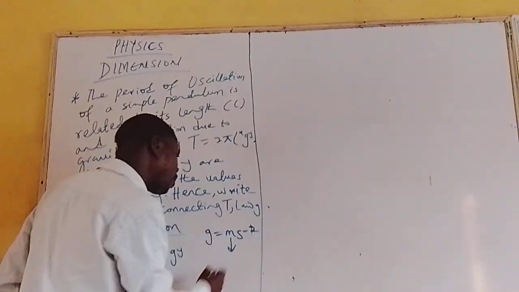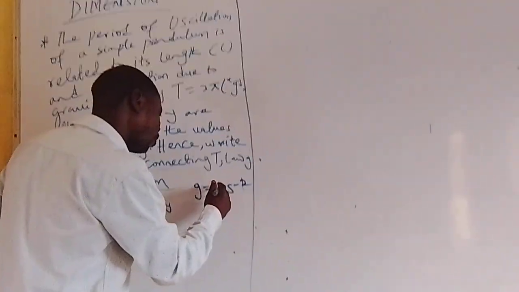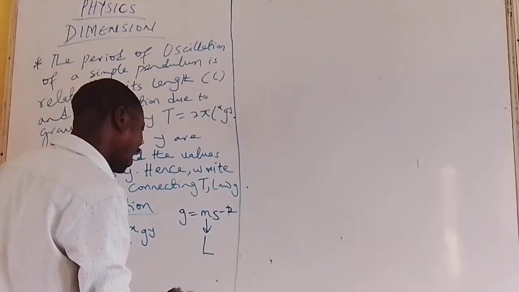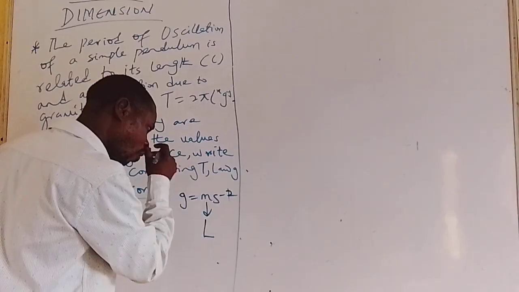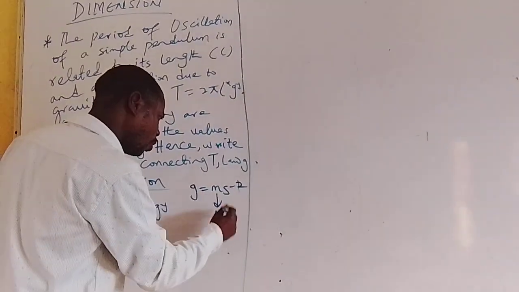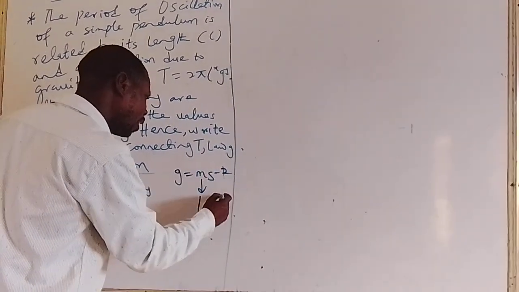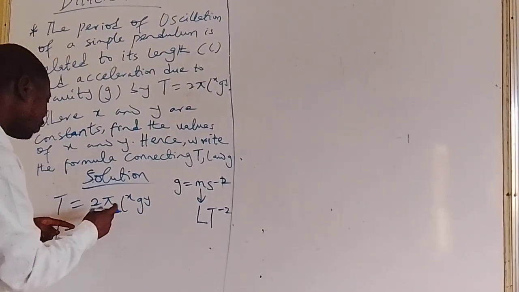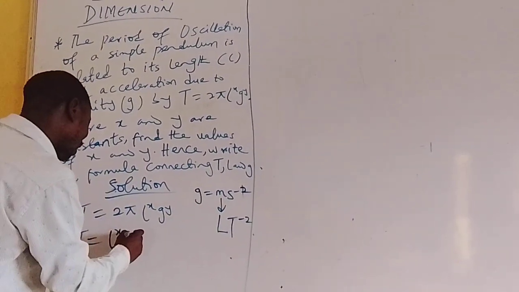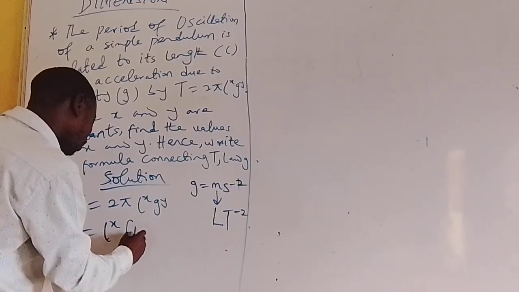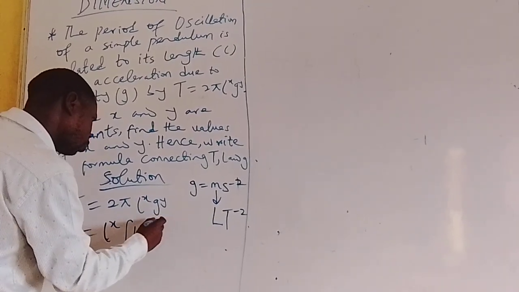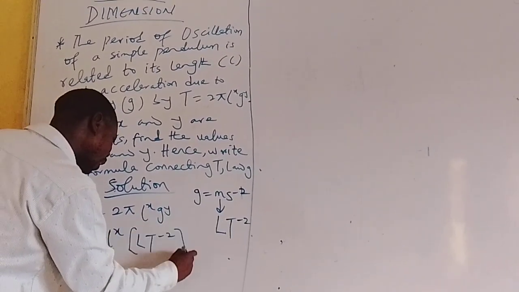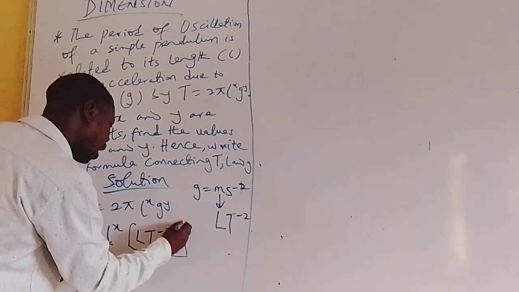The dimensional symbol for meter, for length, is capital letter L. Then the dimensional symbol for time, which is seconds, is capital letter T, raised to power minus 2. So that means I will now rewrite this G as LT raised to power minus 2, then all raised to power 1.